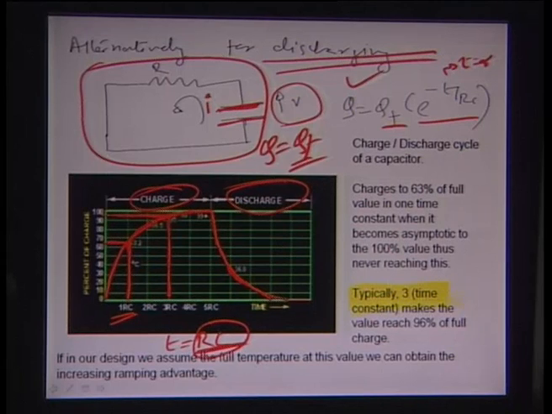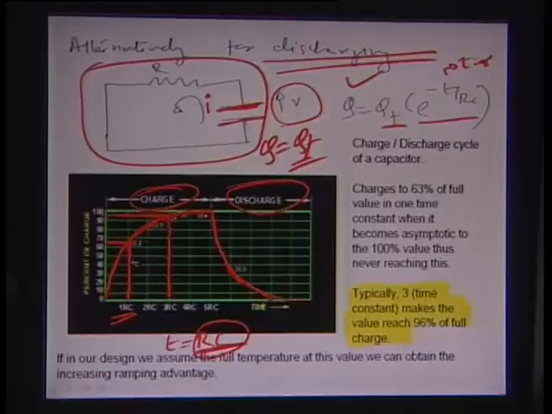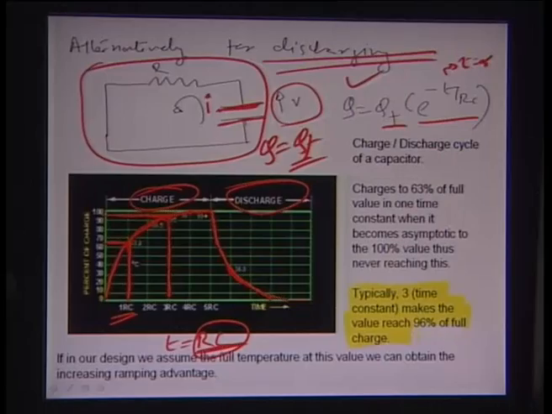If I make an electrical analog in terms of a thermal capacitance, thermal resistance, and a thermal potential difference, which is also the temperature, I would be able to see what kind of time would be needed for our thermal circuit to go to a certain level, let us say about 96% of the full thermal load that the cycle can take at a particular temperature. So, if we design assuming that full temperature at this value, we can obtain the full advantage of increasing the ramping rate.